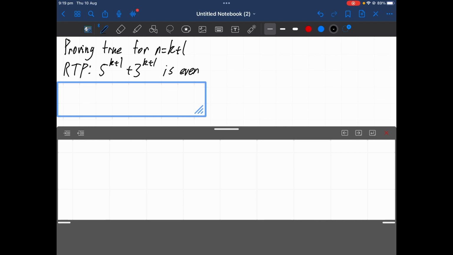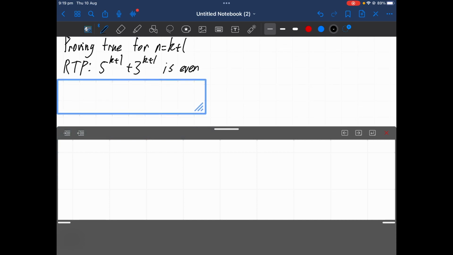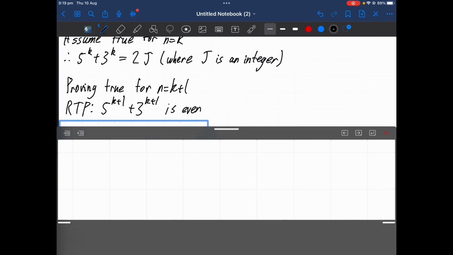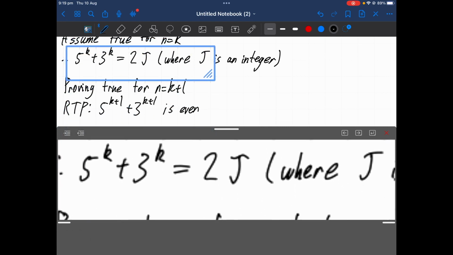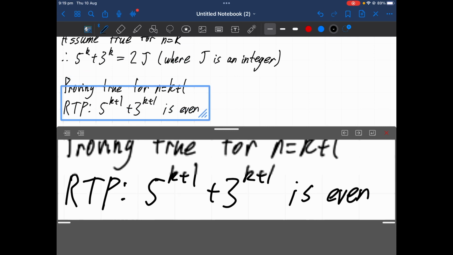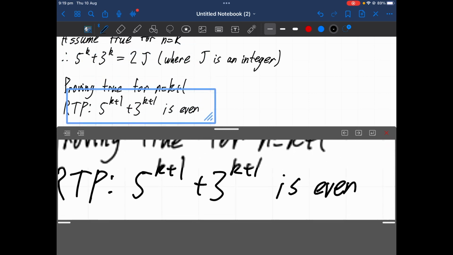Okay, so how should we go about this? Well, we know that we're going to have to use our assumption at some point. Let's see if we can use our assumption somewhere here. Well, in the form that it's in now, there's not really any easy substitutions that I can make that would simplify these things.